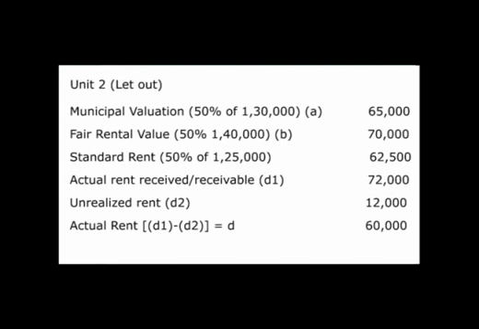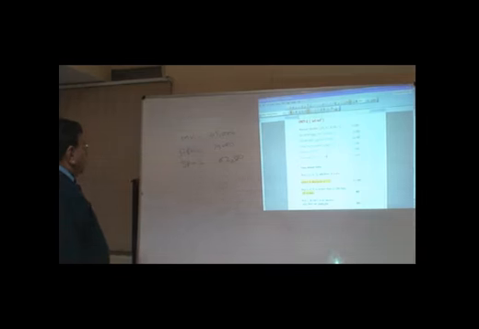The municipal valuation in respect of the rented property would be taken as 50% of 1,30,000. So 65,000 would be the municipal valuation. Fair rental value would be 70,000. And standard rent is 62,500, because the standard rent for the whole of the property is 1,25,000.